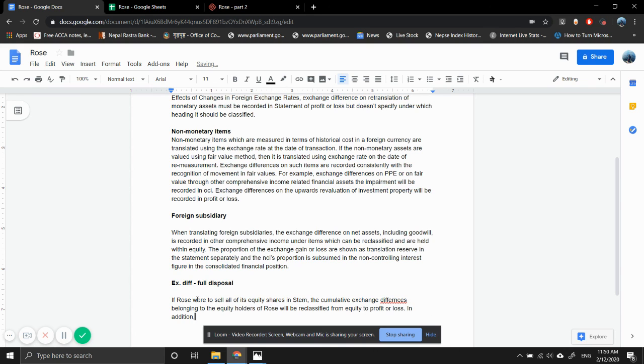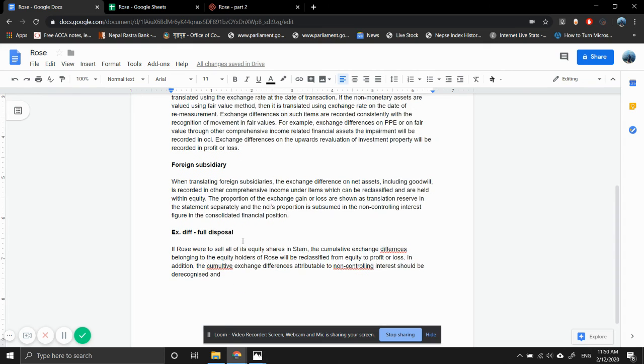In addition, the cumulative exchange differences attributable to non-controlling interest should be derecognized but would not be reclassified to profit or loss.